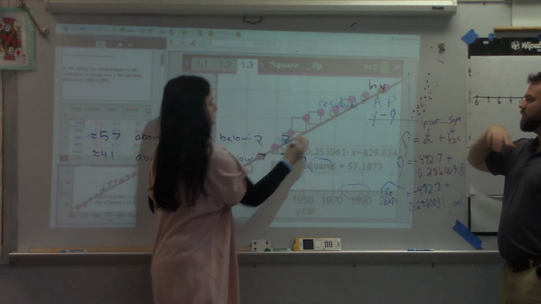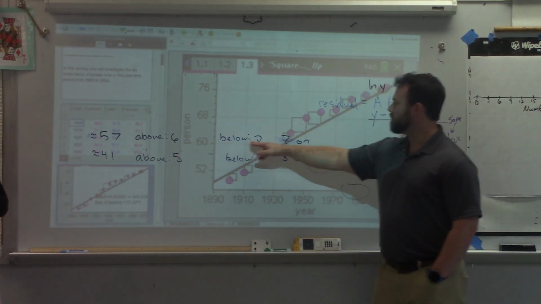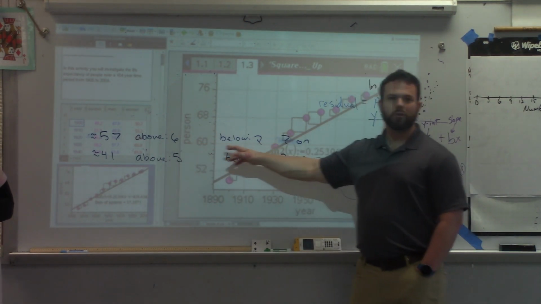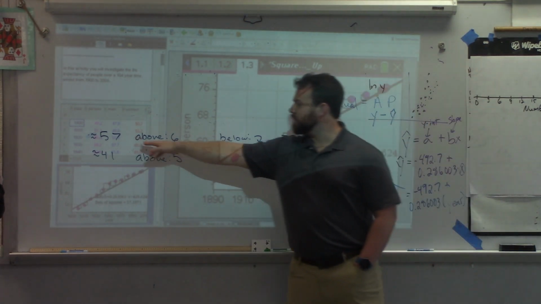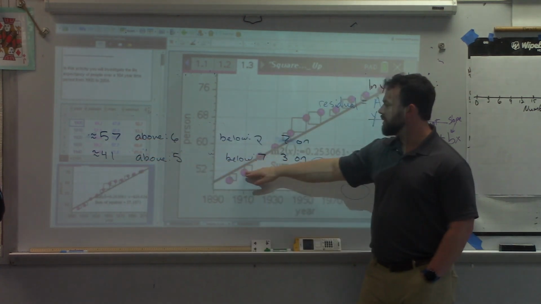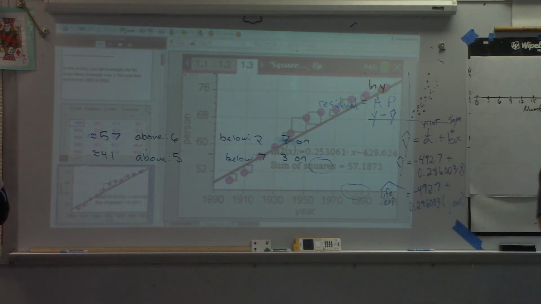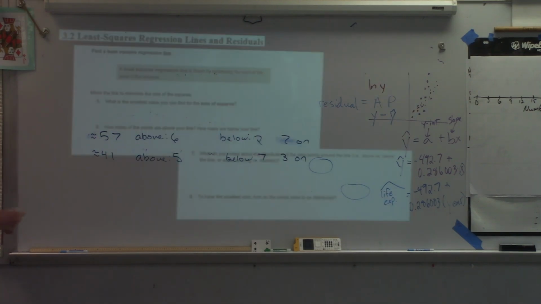So notice, there's a lot here that are on, but you see how we're not really balanced on what's above and what's below? And do we have as good of a model as Peter did? No. So what needs to be true when we're looking for the best model? Above needs to equal below-ish. We need to roughly split the data. Yes, that's all that we need you to see.